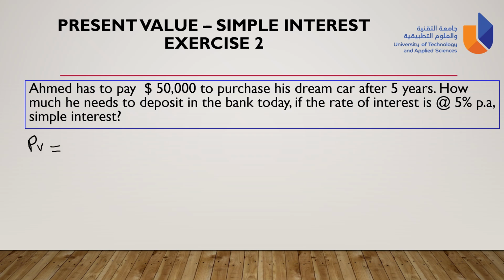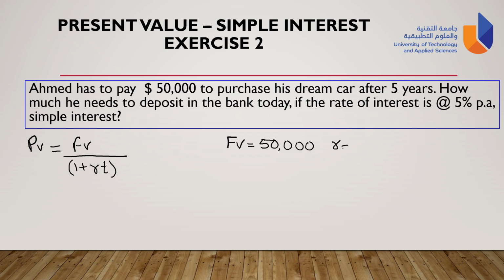So we write the formula, present value is equal to future value divided by 1 plus RT. So we'll just write the values which are given in the question. So my future value, Ahmed needs $50,000 to purchase his dream car.